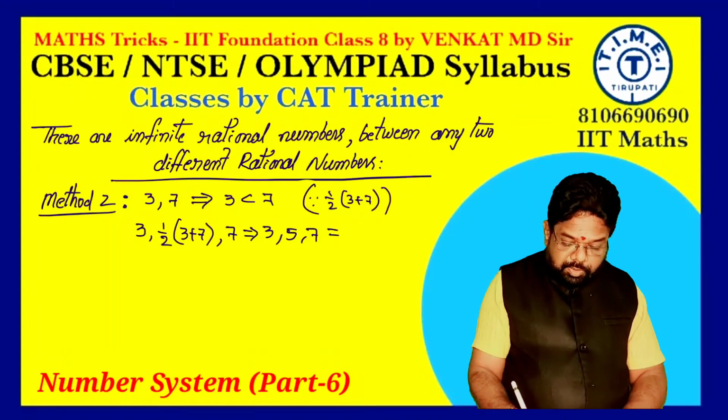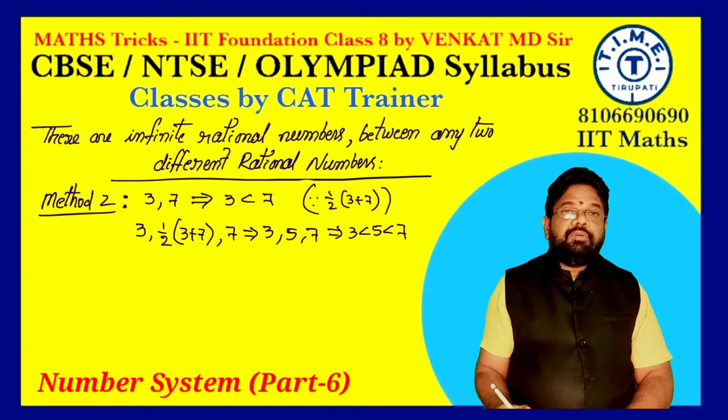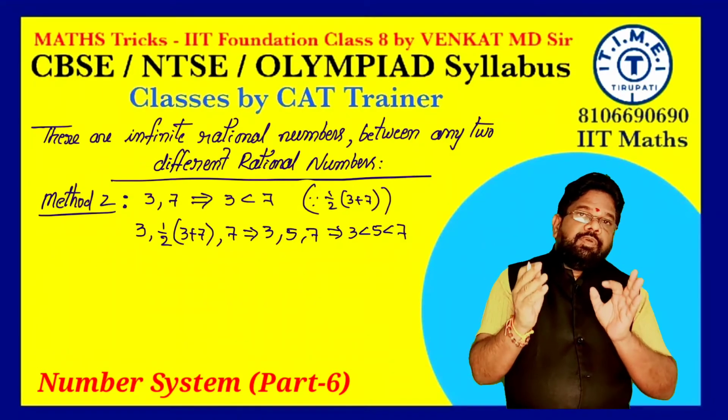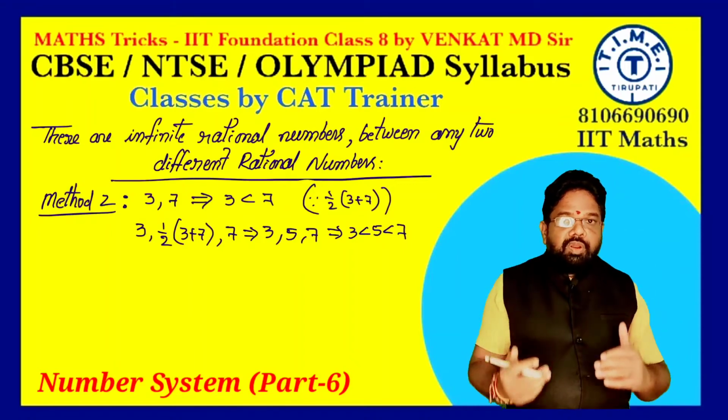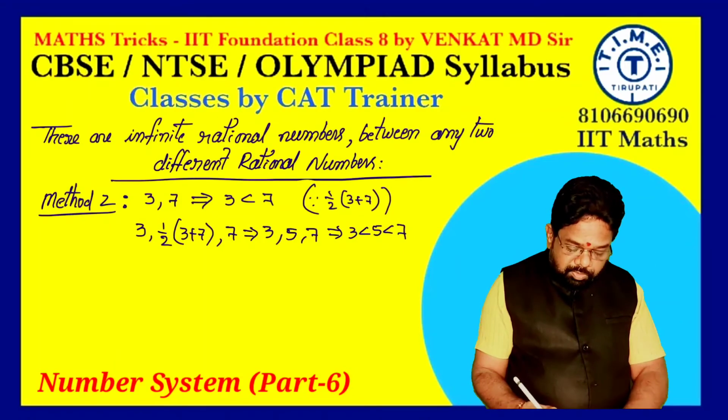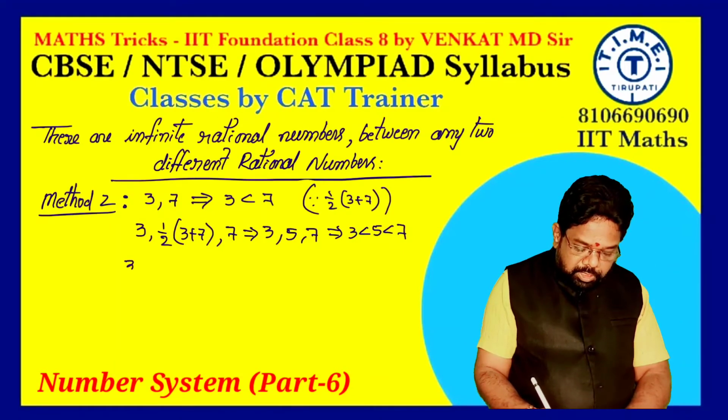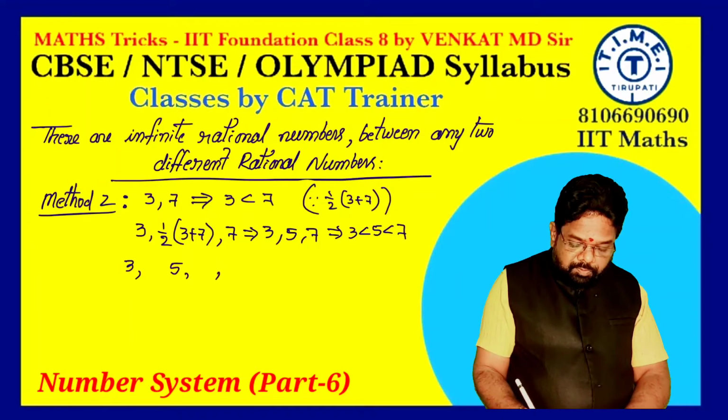Observe that 3 is less than 5 and 5 is less than 7. Between 3 and 5 we can arrange one more rational number using this logic, and between 5 and 7 also.